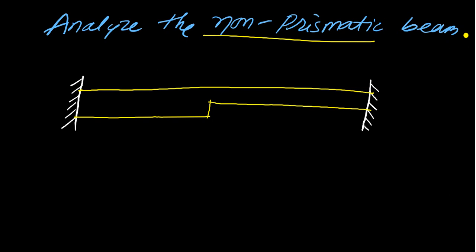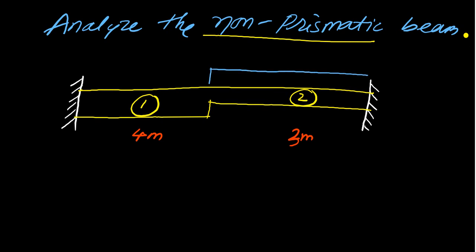Let us say this is member 1 and this is member 2, as mentioned in the given figure. Their length for member 1 is 4 meter and for member 2 it is 3 meter. The load which acts on the beam at member 2, that is UDL, is acting here on member 2.